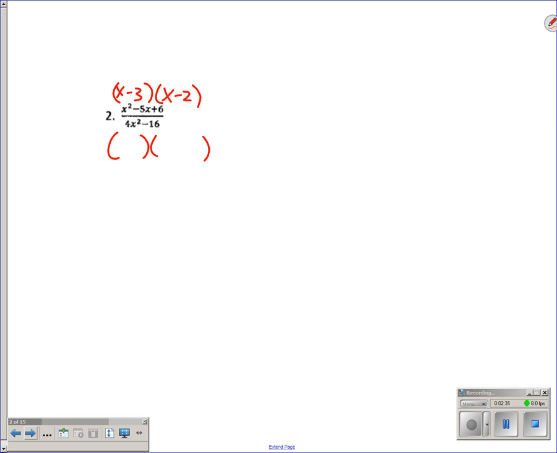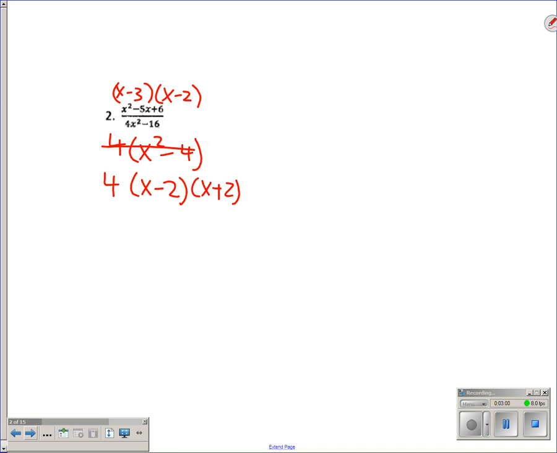And on bottom, you can take out a GCF of 4, and you're left with x squared minus 4. And then that's the difference of squares that we can factor to x minus 2, x plus 2. Okay? So I have x minus 3 times x minus 2 over 4 times x minus 2 times x plus 2.